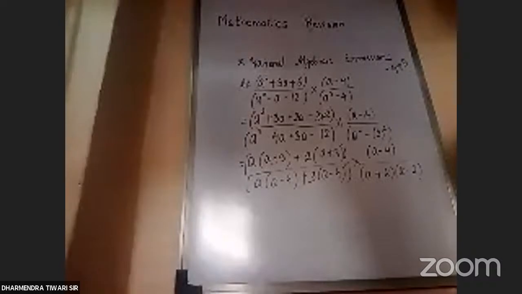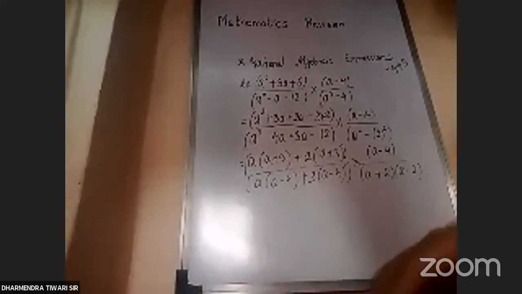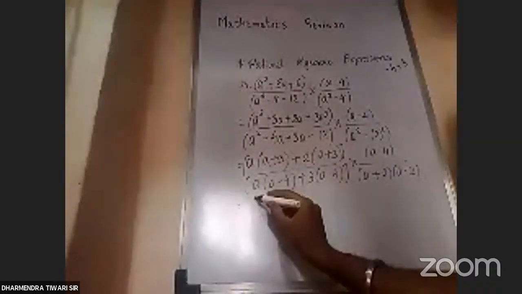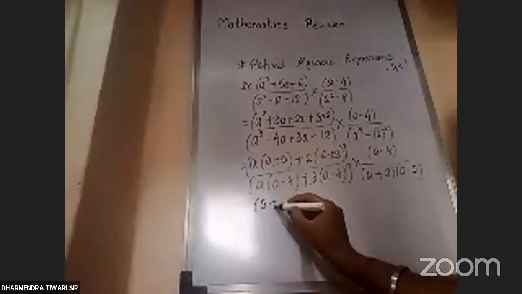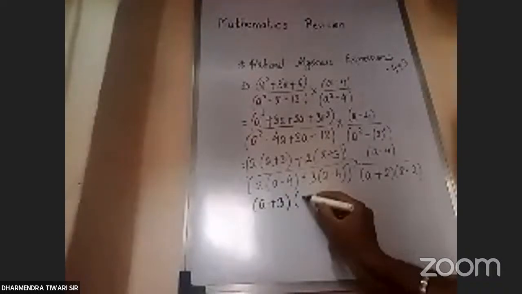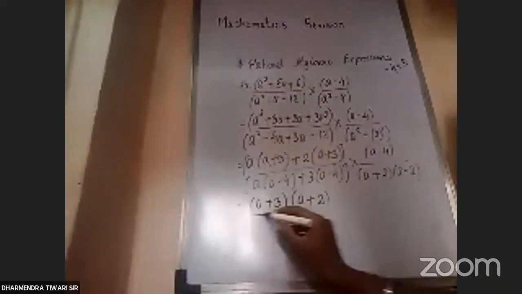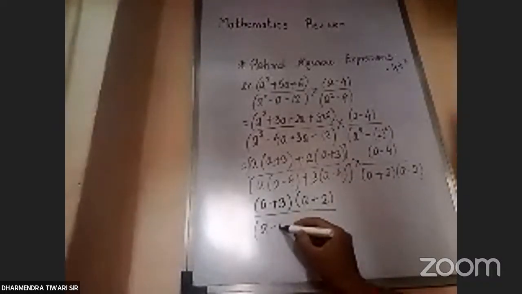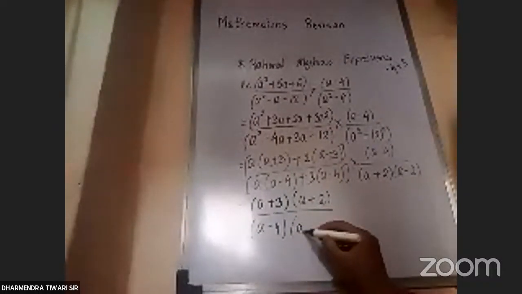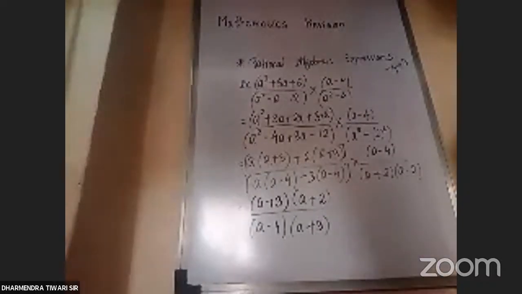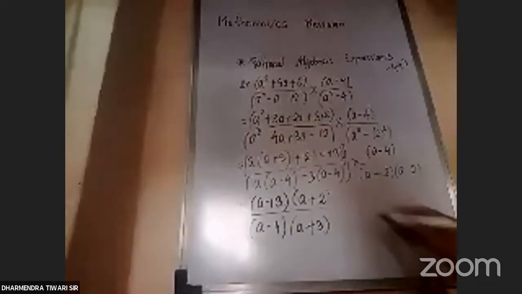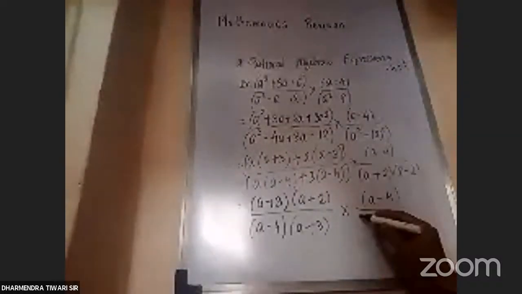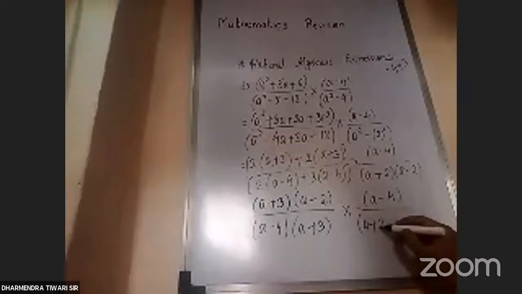So it is clear to you. Now, this is a plus 3 common. What remains? A plus 2 remains, divided by a minus 4 common. What remains? A plus 3, into a minus 4, upon a plus 2 into a minus 2.